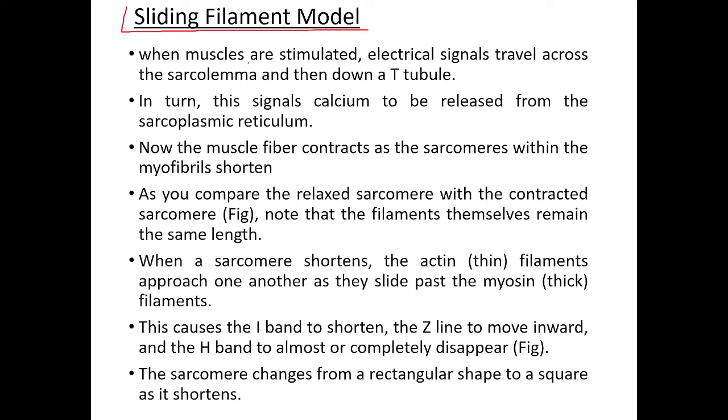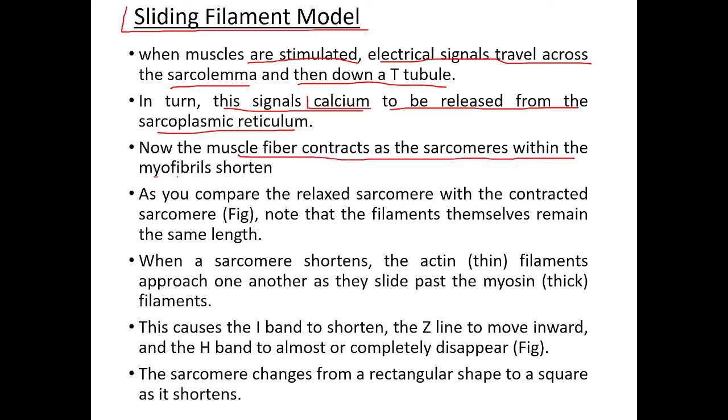When muscles are stimulated, electric signals travel across the sarcolemma and then down to a T-tubule. In turn, this signal means the calcium ion flux. This signals calcium to be released from the sarcoplasmic reticulum. Now the muscle fiber contracts as the sarcomeres within the myofibrils shorten.